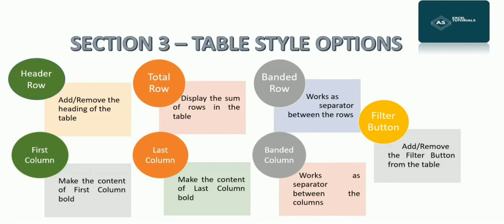Banded row works as a separator between the rows. First column makes the content of first column bold. Last column makes the content of last column bold. Banded column works as a separator between the columns. And filter button adds or removes the filter button from the table. Now we'll see all this in Excel.